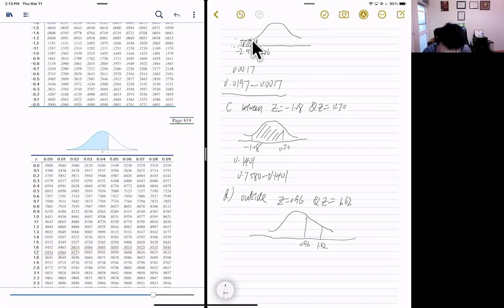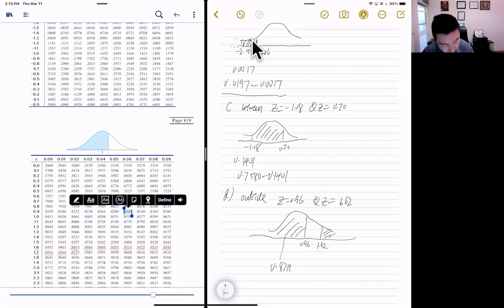So outside is two values, here and here. Okay, so what we're going to do is first for 0.96, this part is 0.8315.